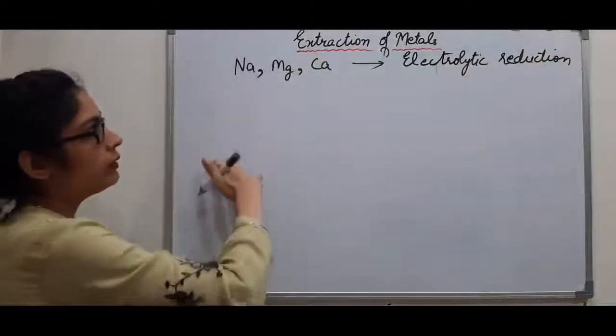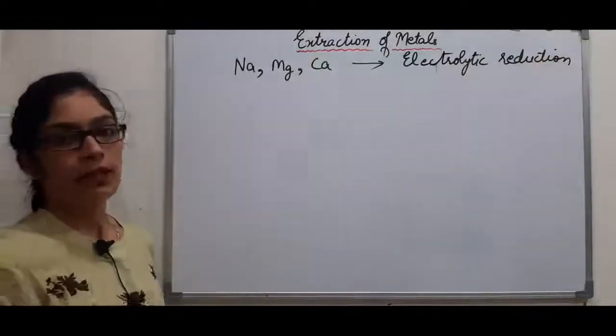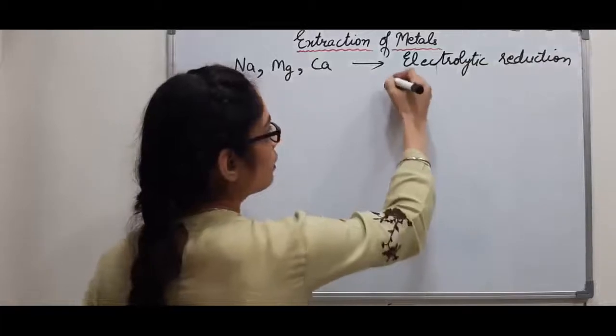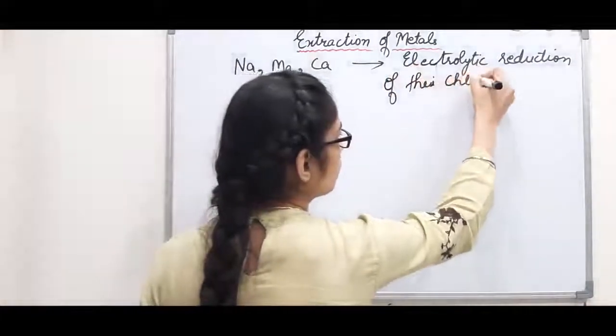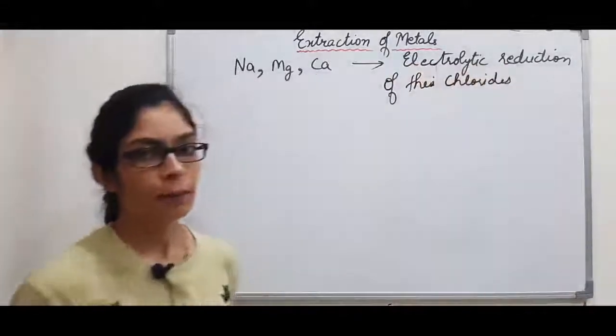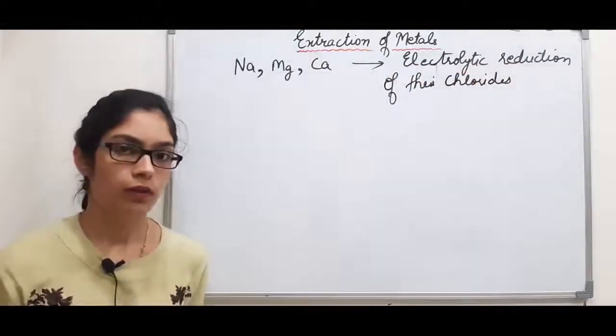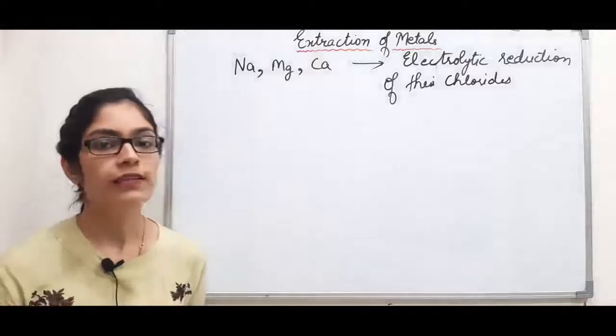Sodium, magnesium and calcium can be extracted by electrolytic reduction of their chlorides, and aluminium can be extracted by electrolytic reduction of its oxide.